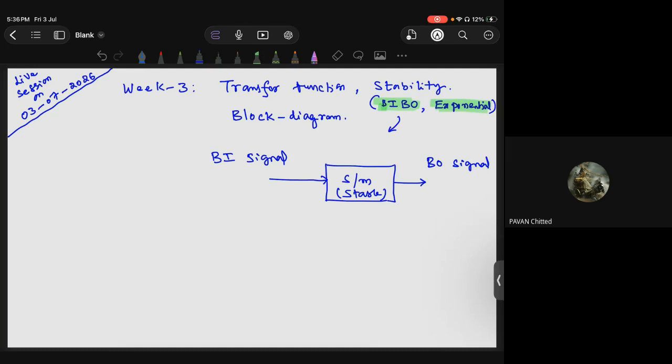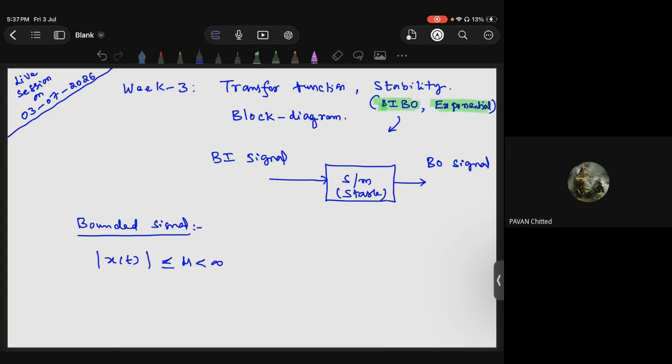So what do you mean by a bounded input signal? If it follows this definition of bounded input or bounded output, what do you mean by bounded here? This is already explained in the video. Let's say you take some signal x of t, and if its magnitude is less than infinity, for any M, then we can say that the signal is bounded.